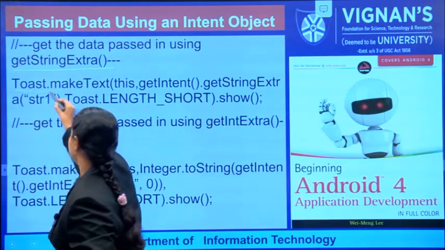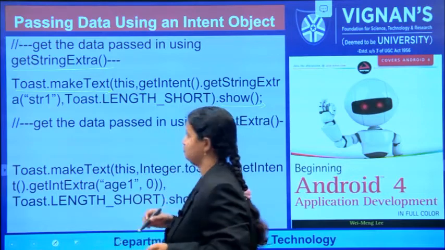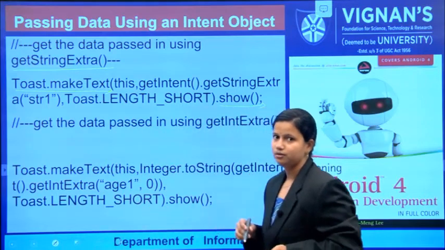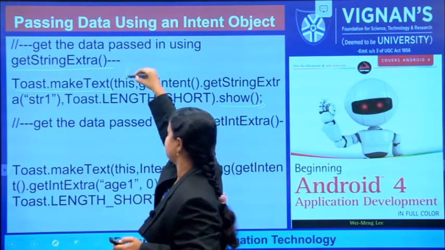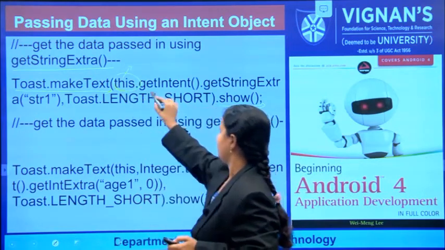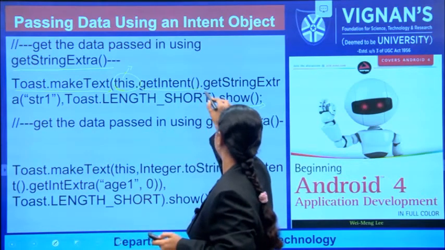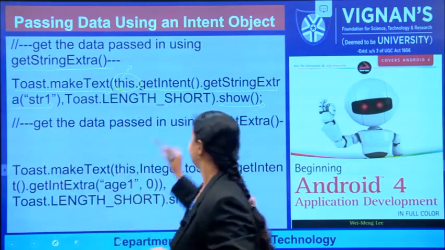Here we are observing Toast.makeText. The use of this method is to display a message. What is the message we have to pass? This message will be displayed within this activity.